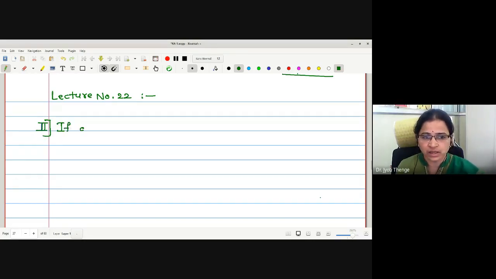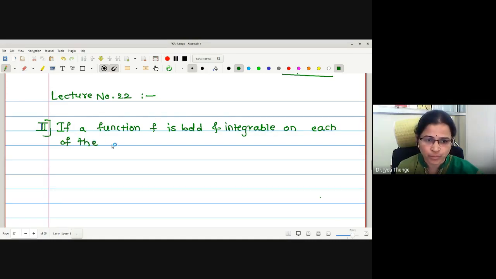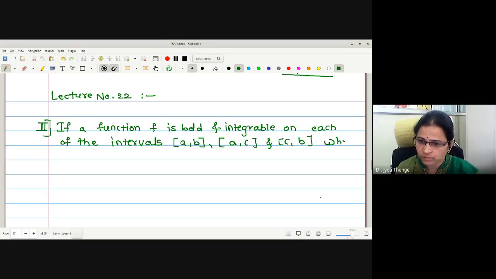Therefore, let me write the statement: if a function f is bounded and integrable on each of the intervals AB, AC and CB, where C is a point of the closed interval AB.